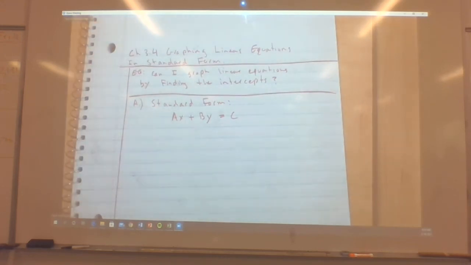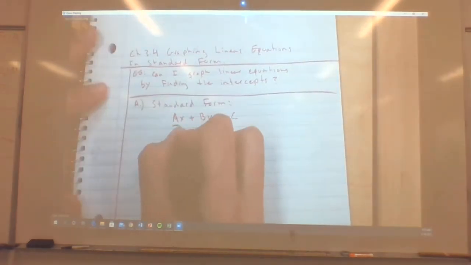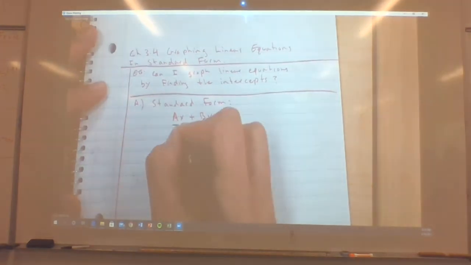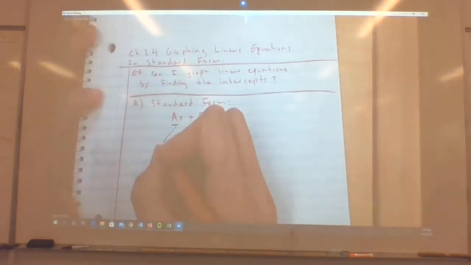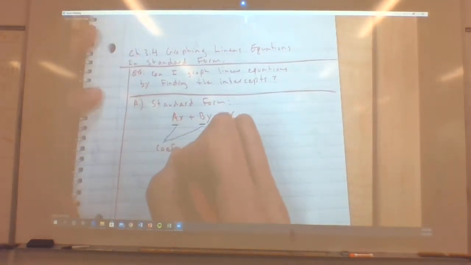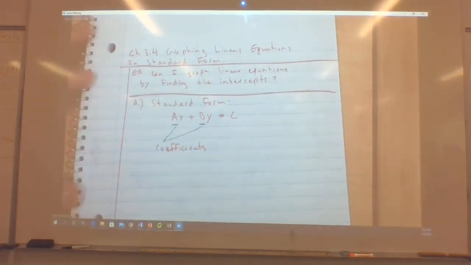And A and B, those are my coefficients. They're coefficients. There's numbers in front of variables. We call those coefficients.